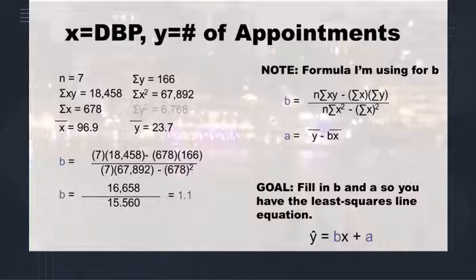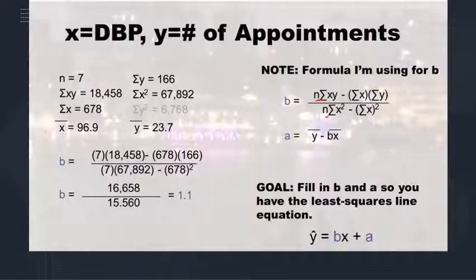Now, we plug all of the little pieces into the B equation, and we solve for B. This is relatively easy, but you do have to pay attention to making sure that the right pieces go where they need to go. I went ahead and put all the numbers in their places, so we can go over this real quick. Looking at the equation, your n is right here.